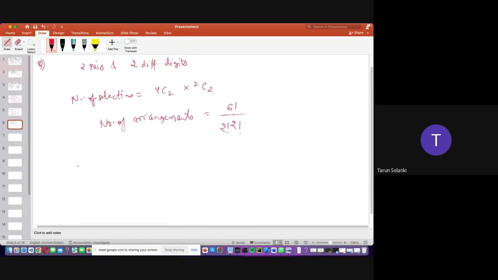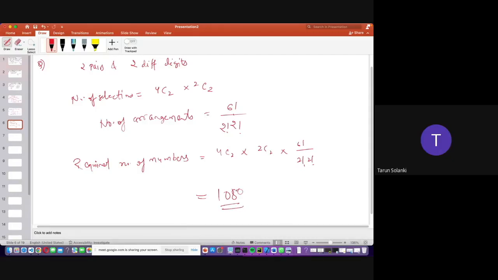So the required number of numbers is 4C2 into 2C2 into 6 factorial by 2 factorial into 2 factorial. So solving this, you get 1080.